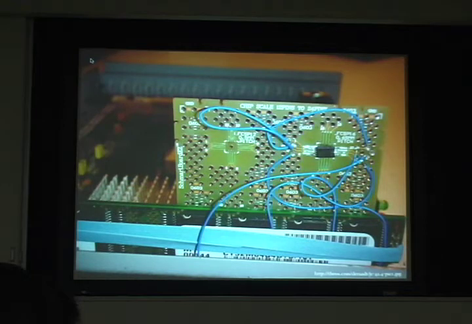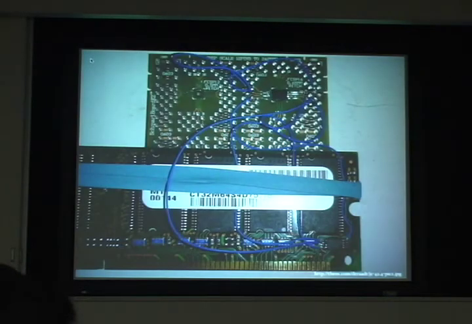Because memory modules have SPD chips, which allow you to detect the different settings of the memory, like the refresh latencies and stuff like that. And it was easiest to access the I2C bus by using the memory module. So this is another picture of the temperature chip routed to the memory module.